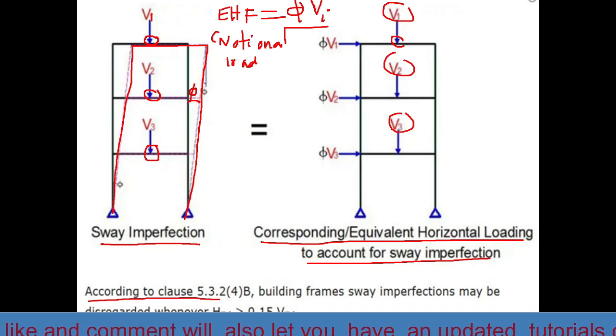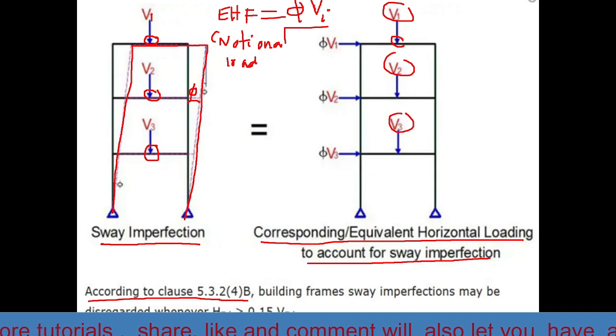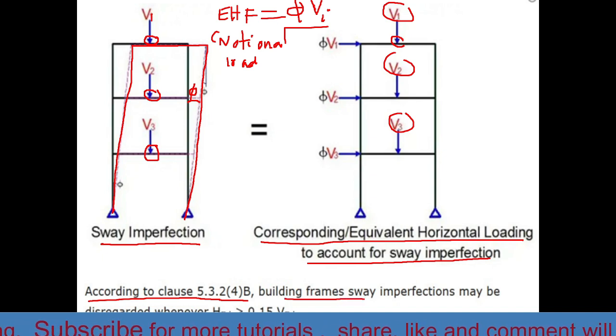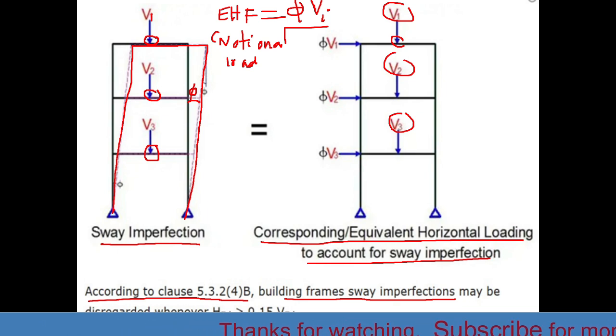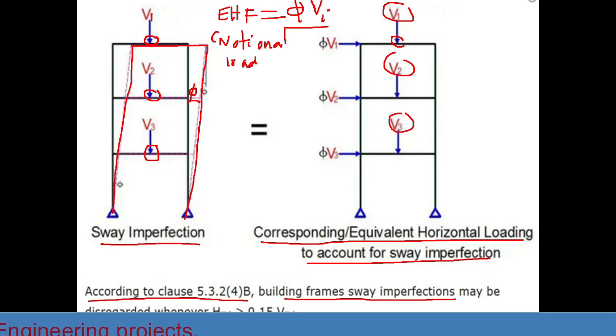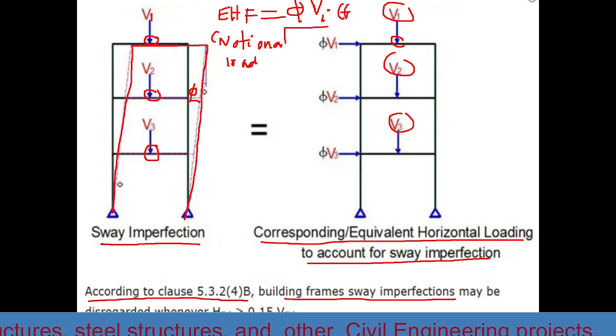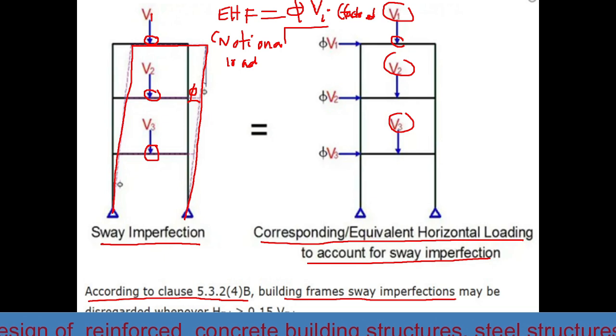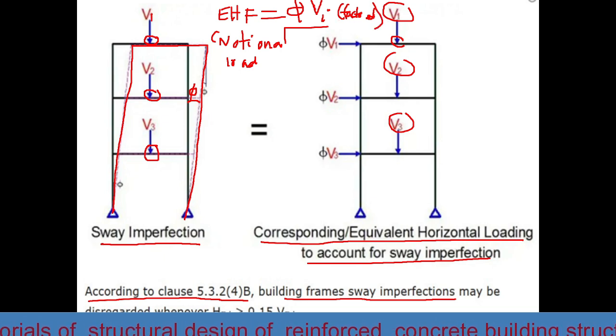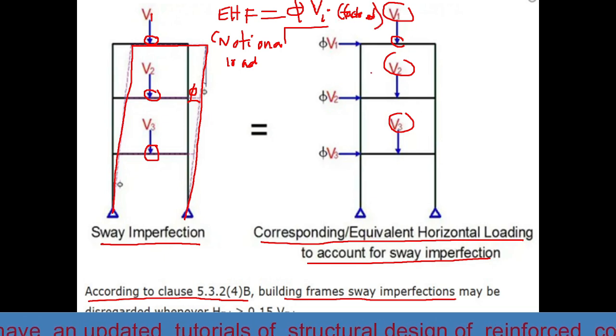Now, according to clause 5.3.2(4)b, for building frames, sway imperfections may be disregarded whenever HED is greater than 0.15 VED. That means it is factored load, so we need to apply the factored gravity forces at every floor.